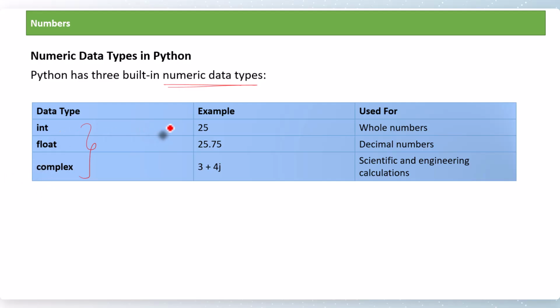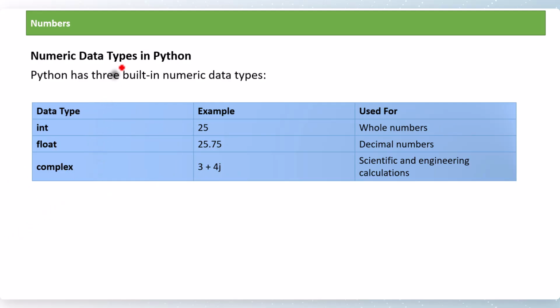You can see the integer example is 25, which is used for representing whole numbers, including 0, positive, and negatives. Decimal numbers like 25.75 are called float. 3 plus 4j is also a number, which is useful for scientific and engineering calculations. So all these three types are numbers.